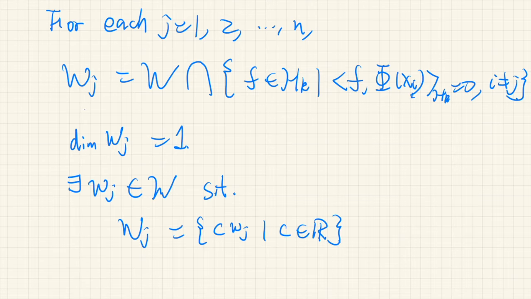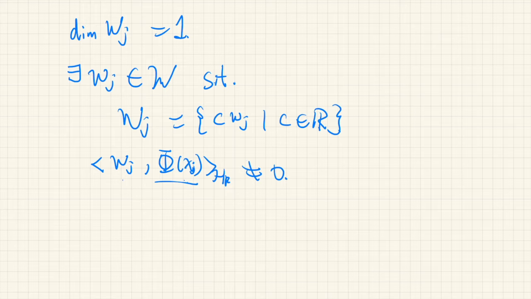And of course, we have the inner product between this lowercase w_j and phi of x_j being non-zero. So we can normalize this vector and define v_j as w_j divided by this inner product, w_j times phi of x_j.